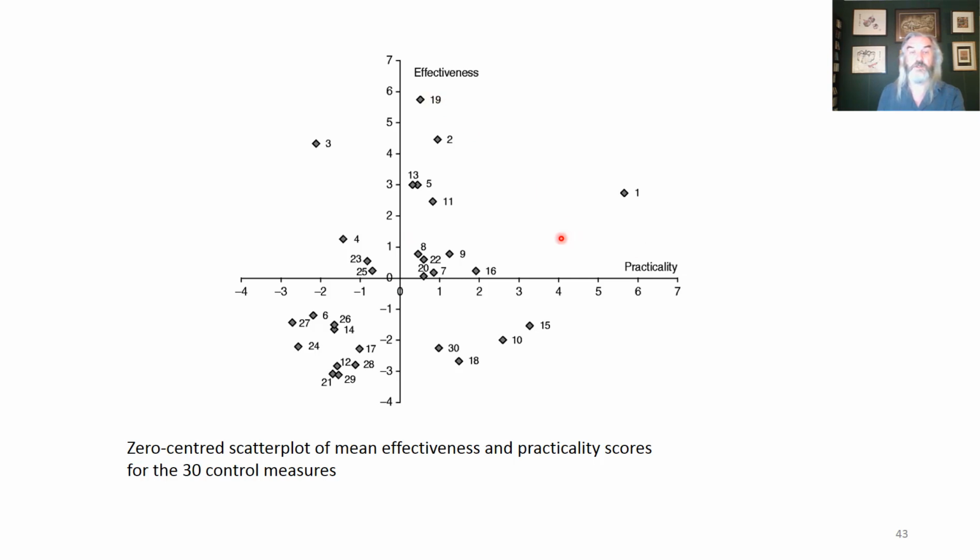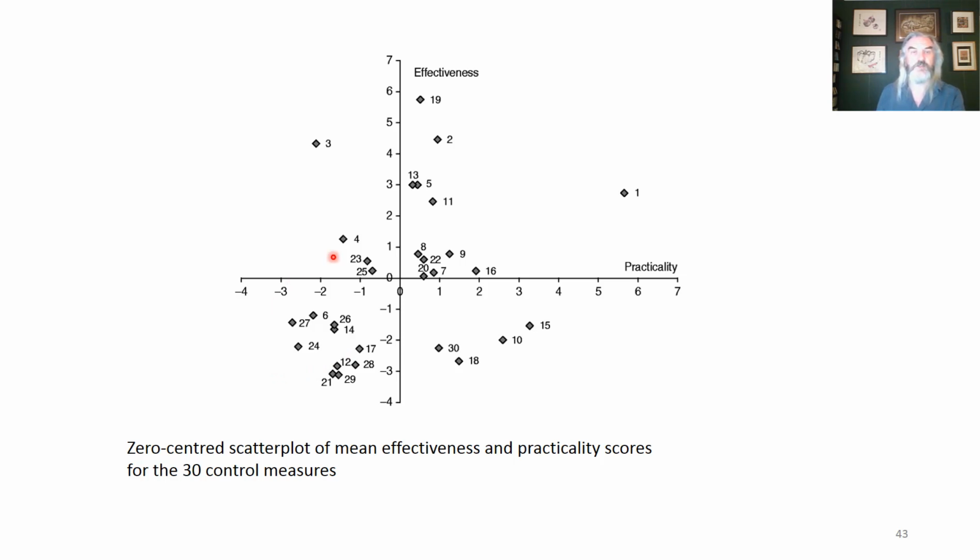So what you want is to be in this quadrant here. Ideally, you want to find an intervention to prevent foodborne illness which is both effective and practical. The ones you definitely want to avoid are down here, which are neither effective nor practical.